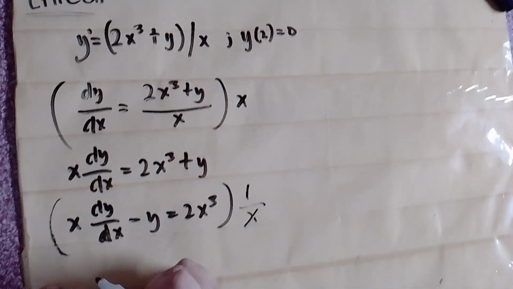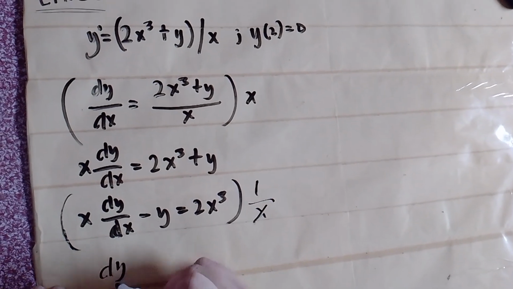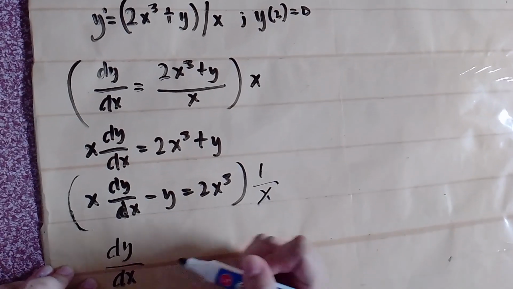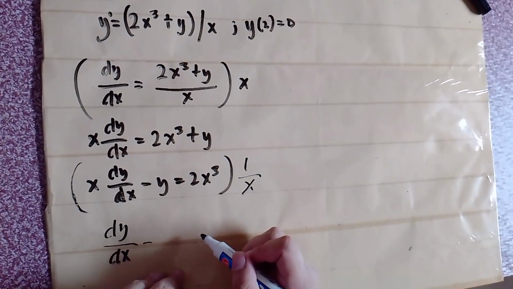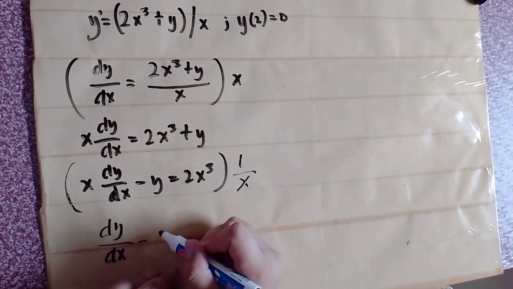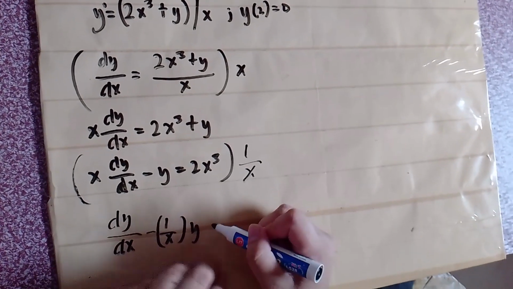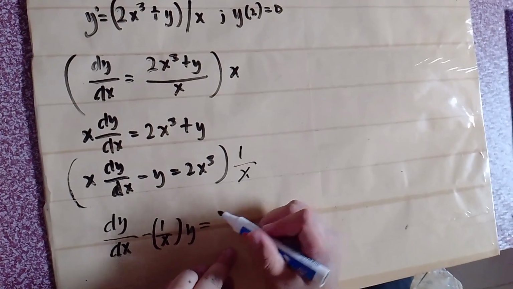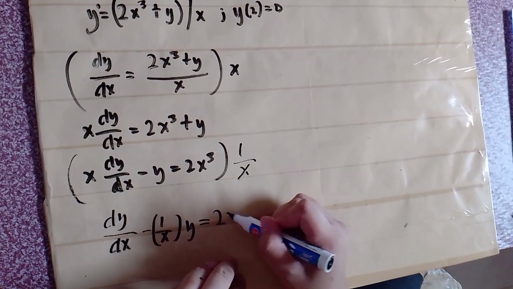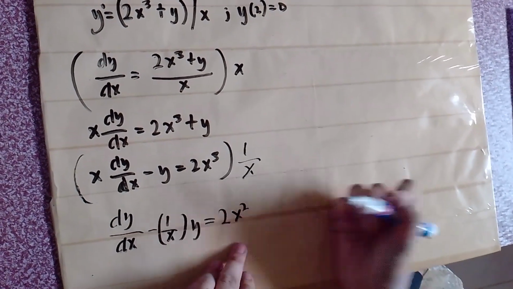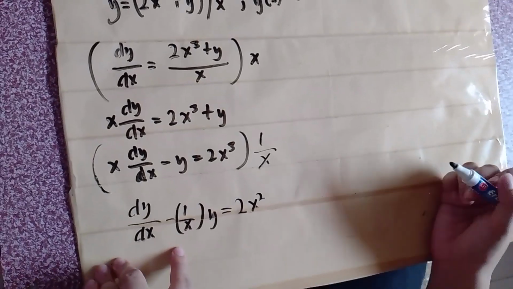So we now have dy over dx minus y times 1 over x, we have 1 over x y is equal to 2x cubed over x, which is 2x squared. So now we have our standard form.